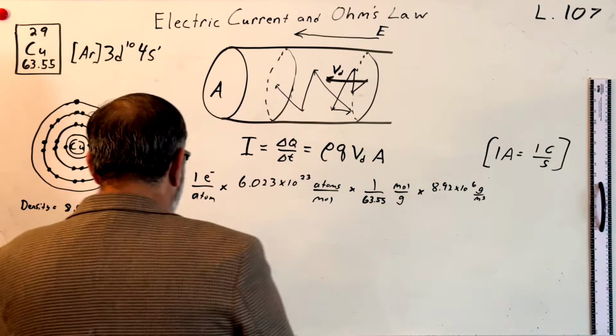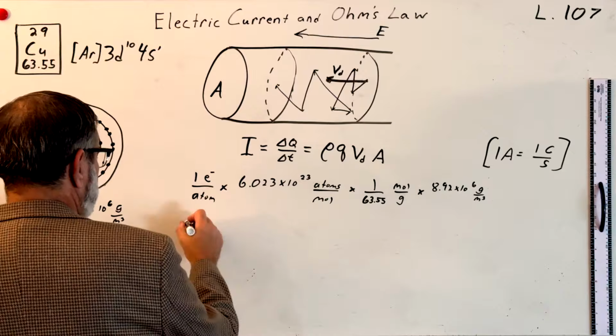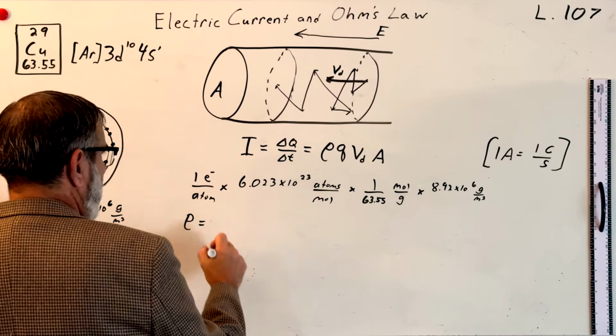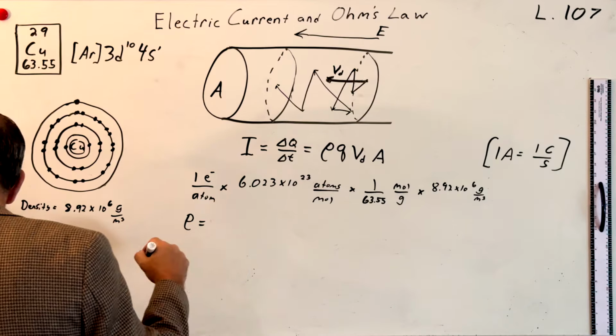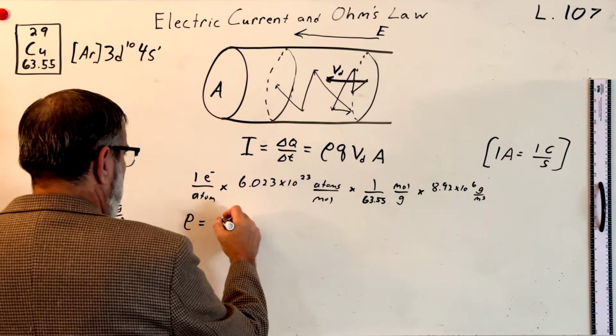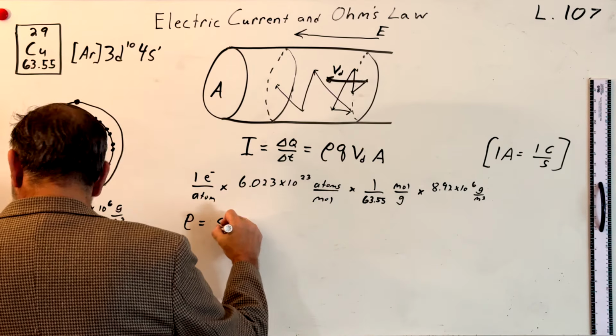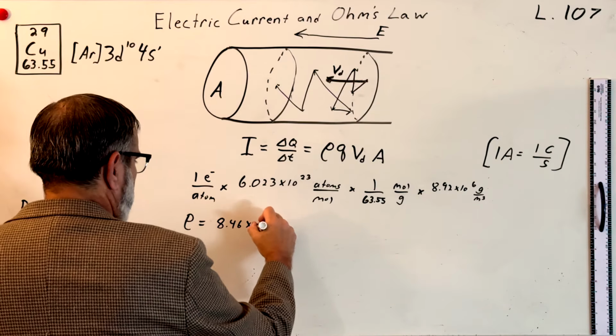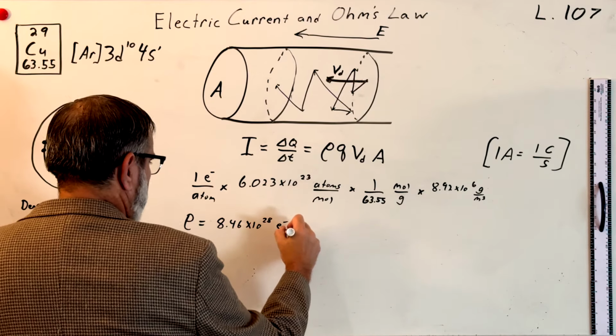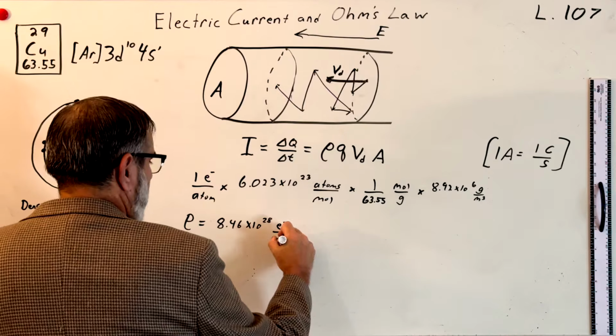Grams and grams cancel. And what do I get then? I get the density, rho. If we multiply all this through, we'll get 8.46 times 10 to the 28 electrons per meter cubed.